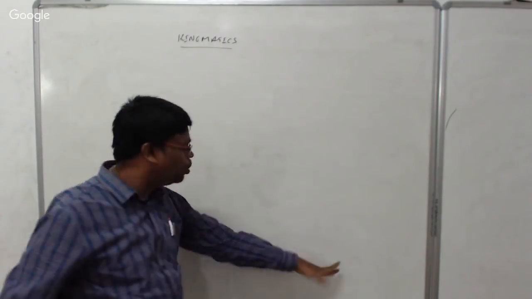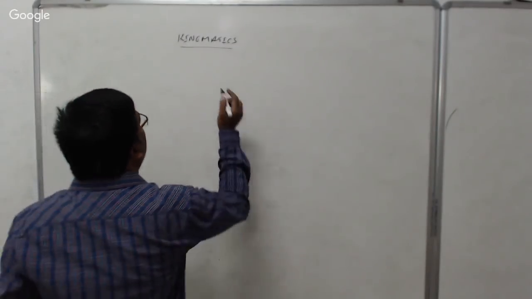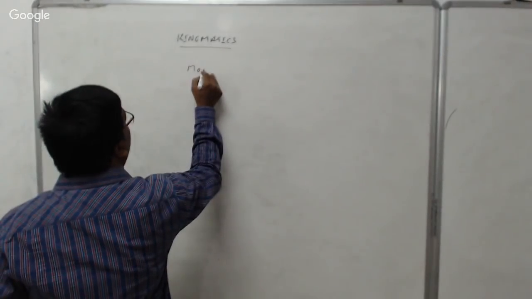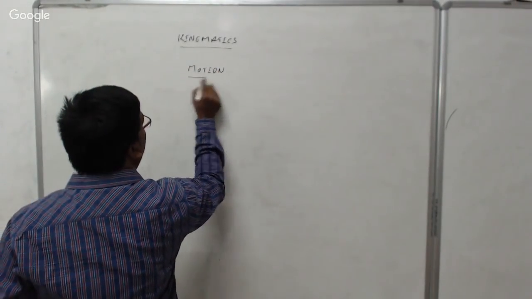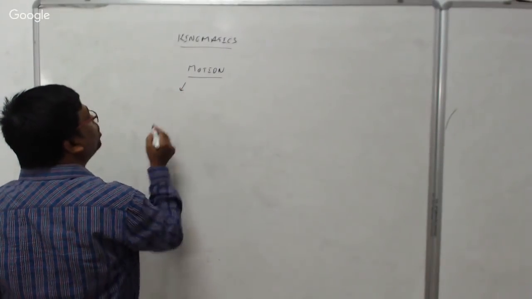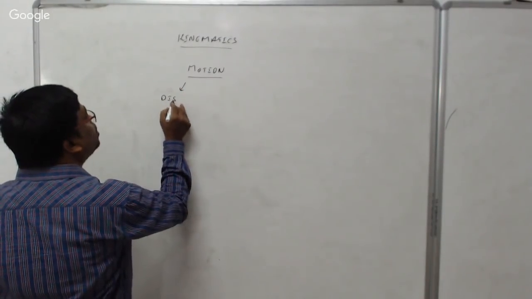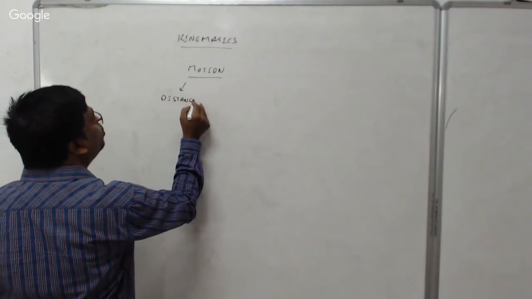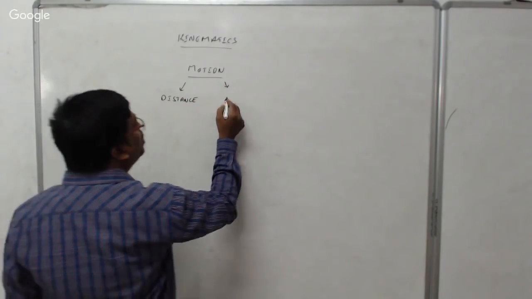Okay, now I'm going to give a small list, that is a flow chart, of where we started and what we started. See, our major concept is motion. To learn motion more clearly, distance and displacement are introduced.